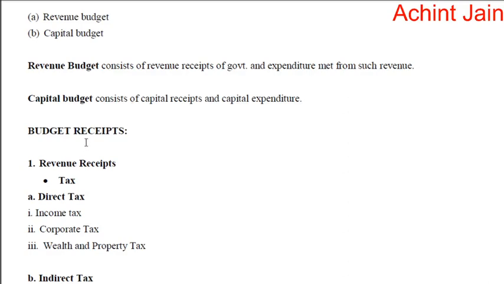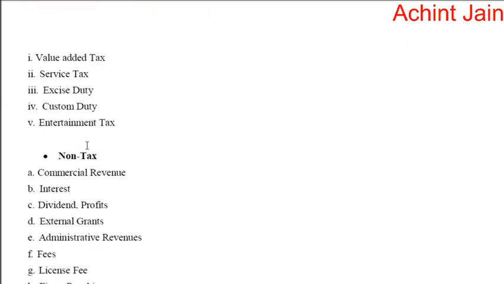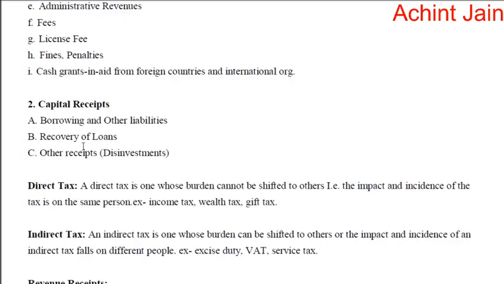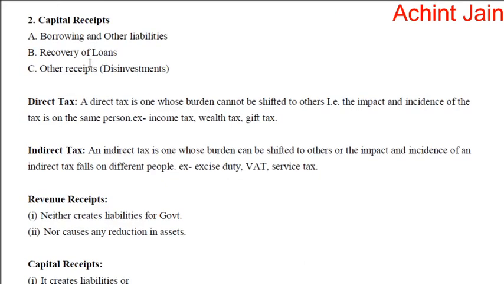Now if we see the subdivision of the capital budget, it is again divided into two parts. The first one is called the capital receipts and the next one is called the capital expenditure. So now we will try to see the capital receipts. On the screen you have various examples of capital receipts.